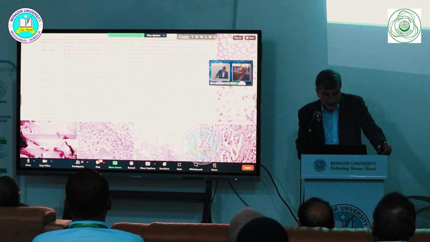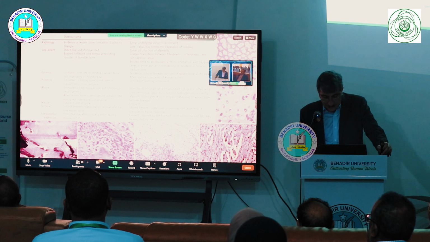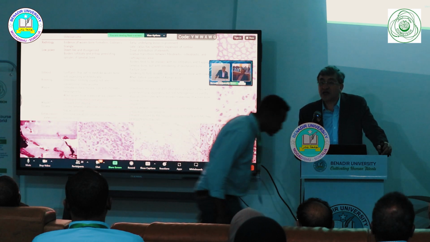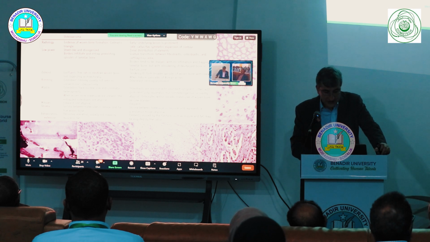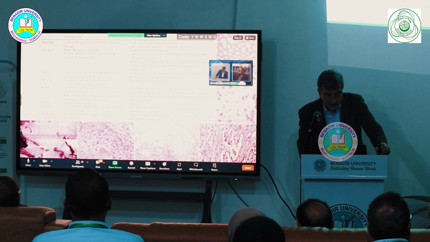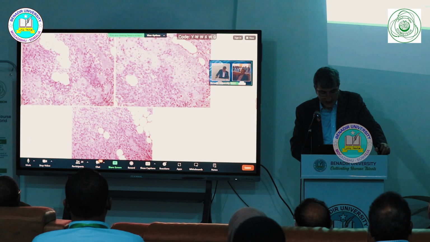The other histologic feature is the cells surrounding the bone; they are multi-layered. But in fracture callus, there is a single layer of cells, like you can see here, a single layer of osteoblasts lining the bony tubercle.